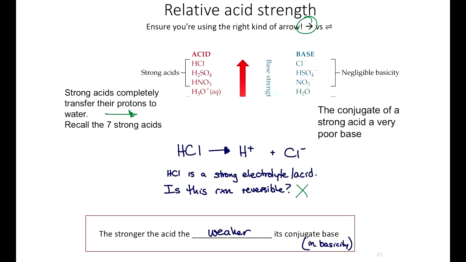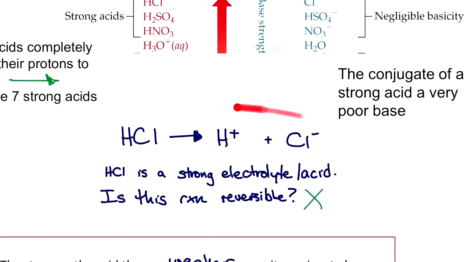Okay, so if you put HCl in water, will you find any HCl in water? No, you're only going to find Cl minus and H plus because we used this fully forward reaction arrow. There are no intact HCl molecules in an HCl sample. It's all H plus, all Cl minus. It's completely ionized. All right?